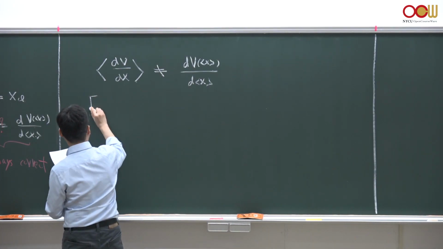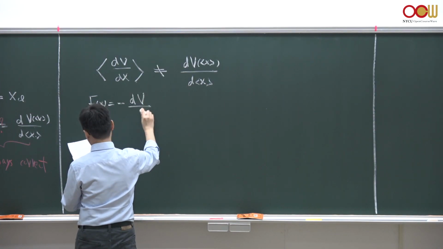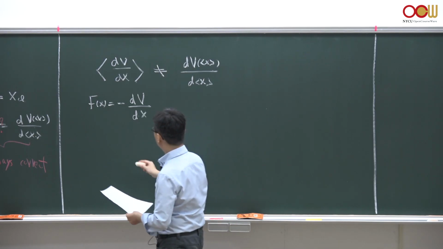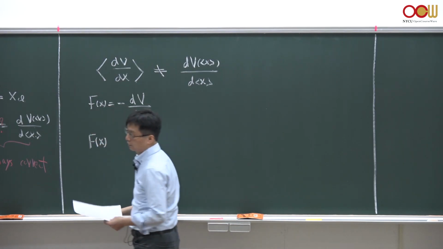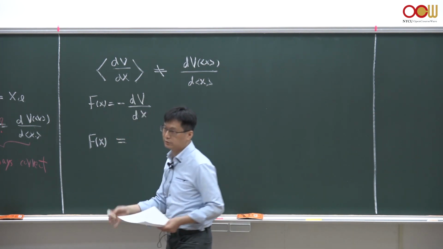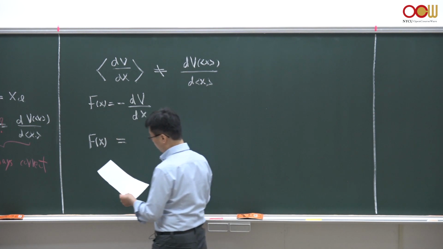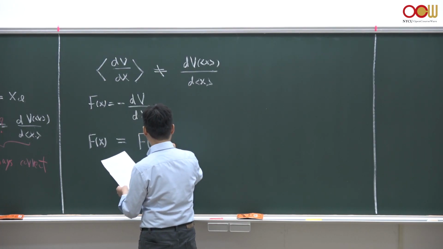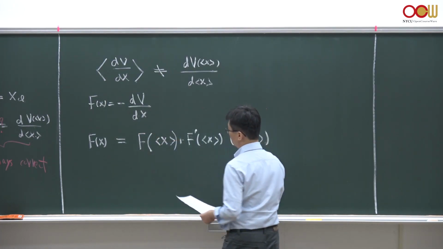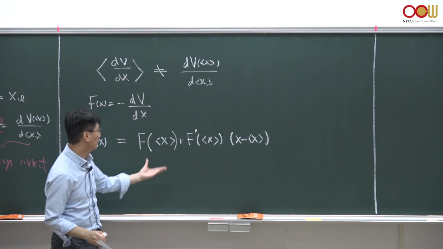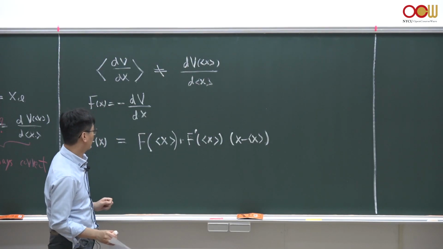The reason is the following. The force is given by minus the gradient of V with respect to the position. However, this force is a function of the position vector x, but you can separate this x into x average plus the fluctuations of x away from this average value. So you can consider this expectation value of the x operator as some kind of average of this position vector.